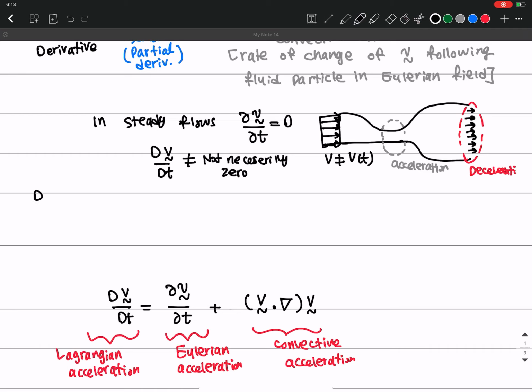Just add one more note that d over dt is the material derivative when you follow a particle in the flow.